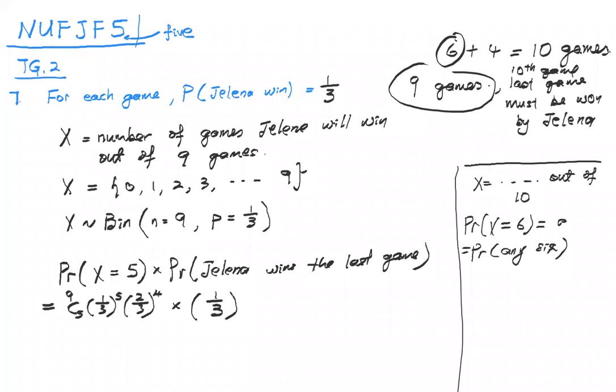So that means it's like win, win, win, win, win, 1, 2, 3, 4, 5, 6, then lose, lose, lose, lose. This cannot be the outcome of playing the game, because in tennis, the first to get the 6th game will be the winner already. I don't have to play the rest, so in this case, they only play 6 games and can determine who is the winner.